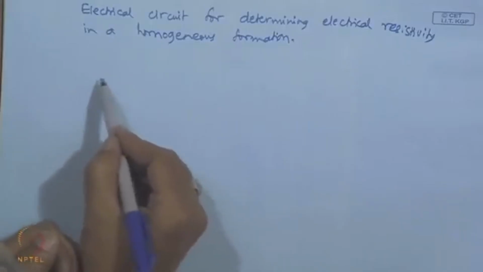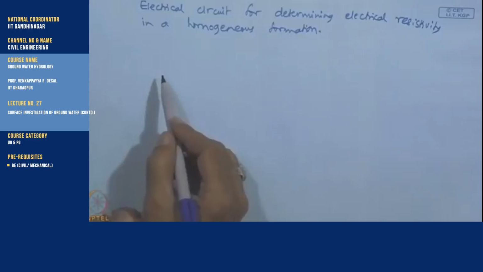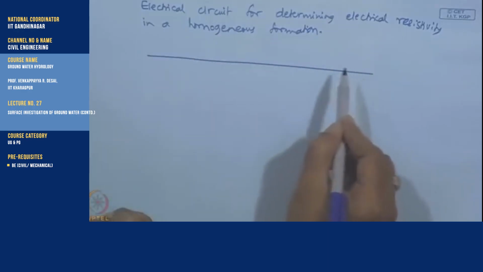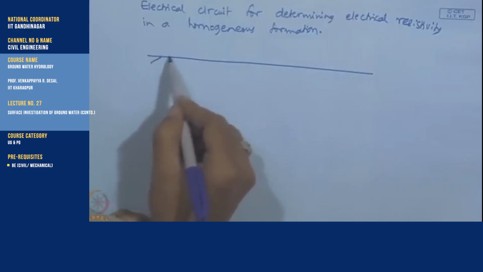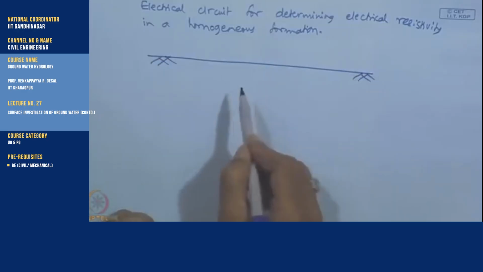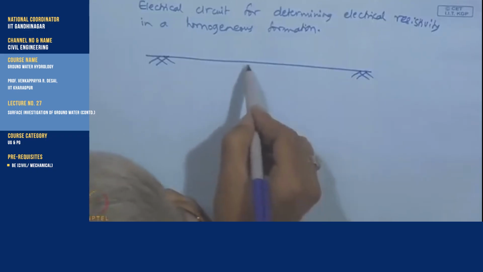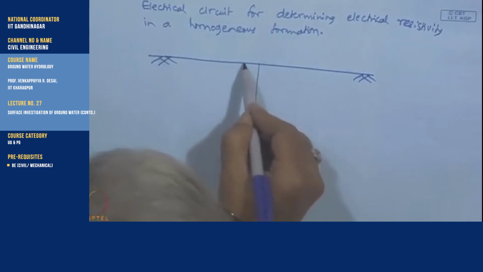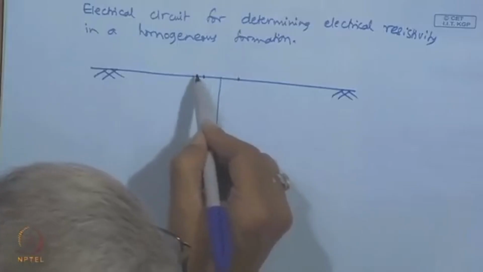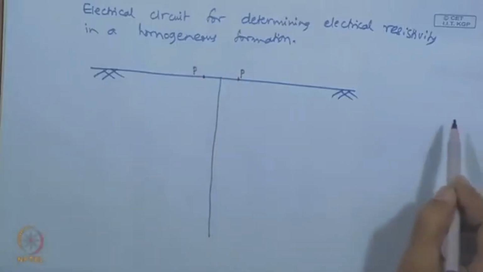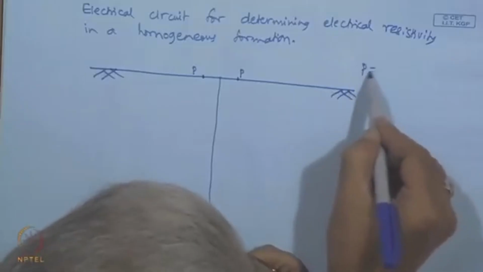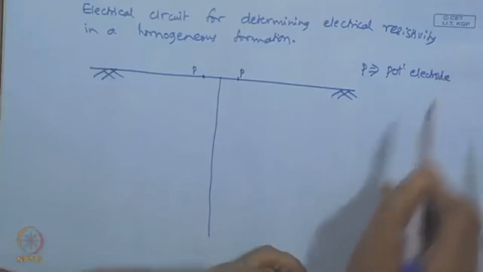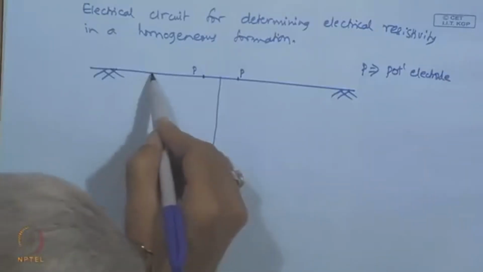There are two current electrodes located far away, in the same line as the potential electrodes. P implies a potential electrode and C implies a current electrode.